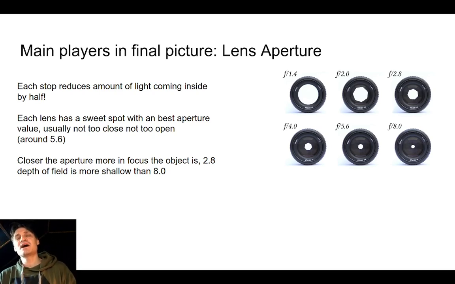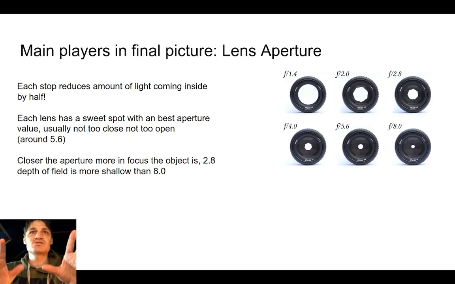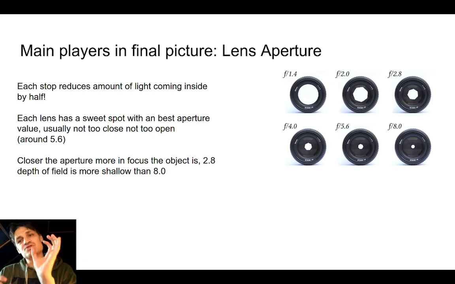What are additional consequences of opening and closing the aperture? First of all, each stop reduces the amount of light by half. Important when you're shooting, you don't want to shoot with a very open aperture or a very closed aperture. Each lens has a so-called sweet spot, when the aperture size is just good enough to not produce any artifacts.